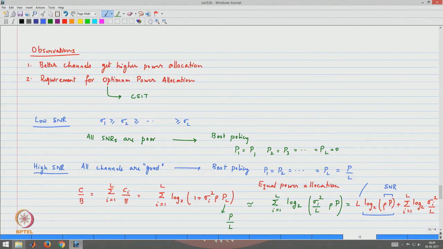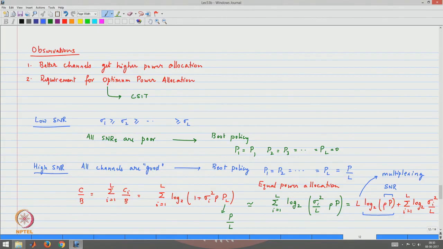Here we find that the capacity is going to grow linearly with the value L. This is what we would refer to as the multiplexing gain, because we are transmitting the information along L parallel channels. The total capacity under high SNR conditions grows linearly with L, a very intuitively satisfying result, because we have created L parallel channels, so the capacity is dependent directly on L.